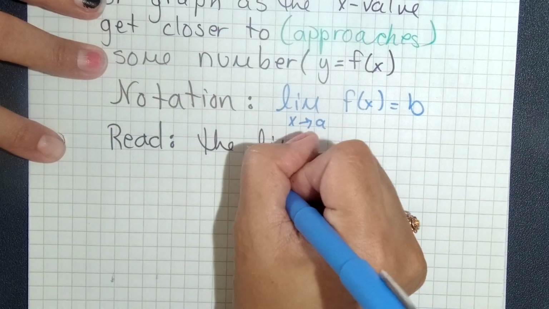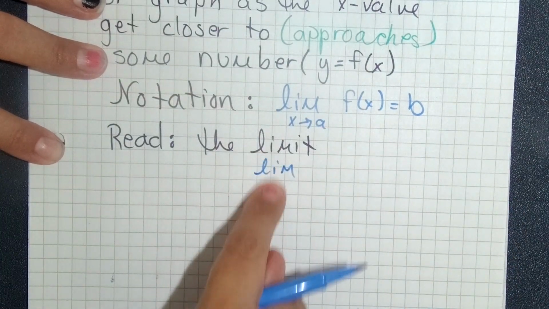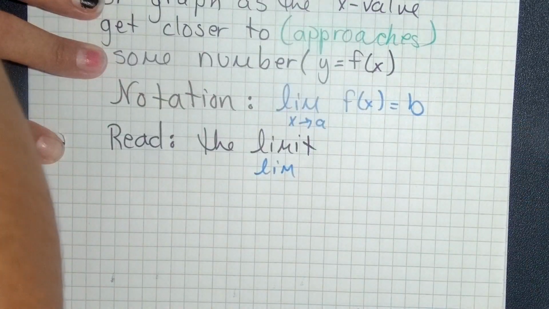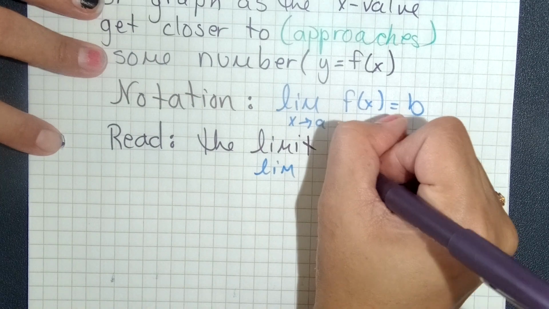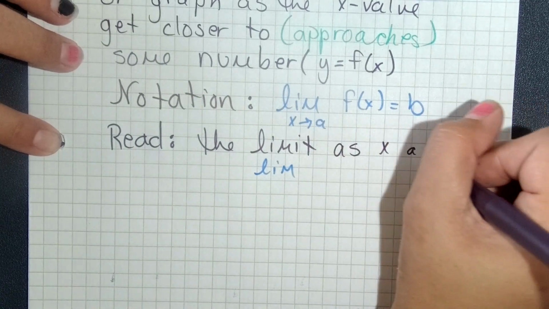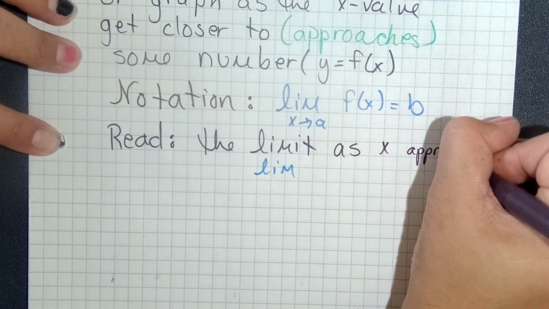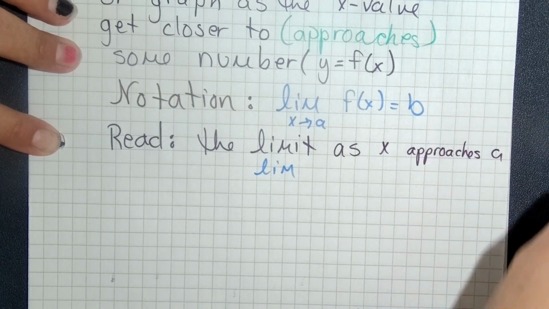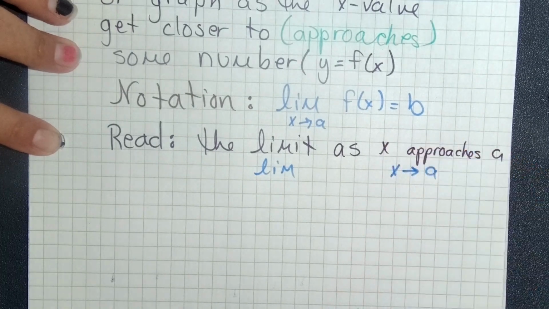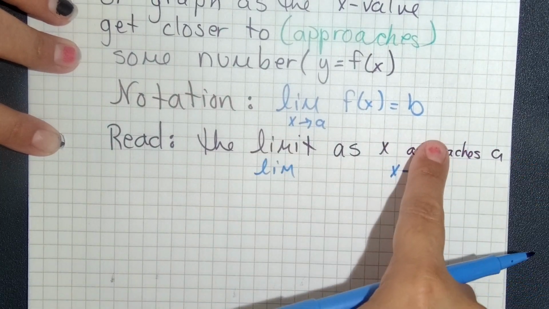So this means I'm going to write down the symbol underneath the actual definition or the actual sentence part. So the limit as x approaches a. So x approaches a. So this limit goes with this.